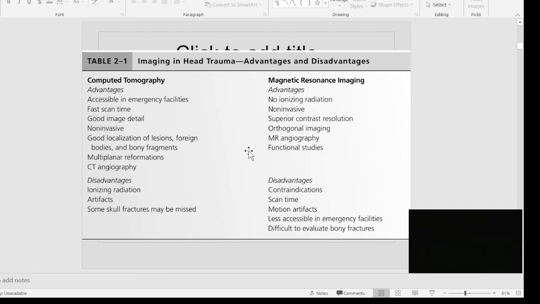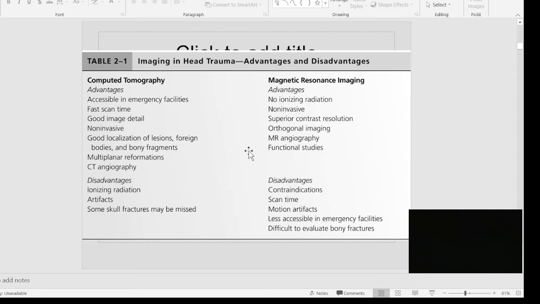It is non-invasive, with no ionizing radiation and superior contrast resolution, which means that if you use contrast, you can view the image very clearly.